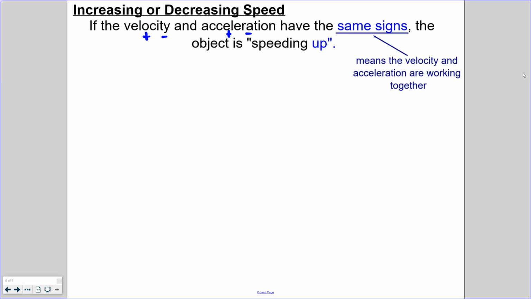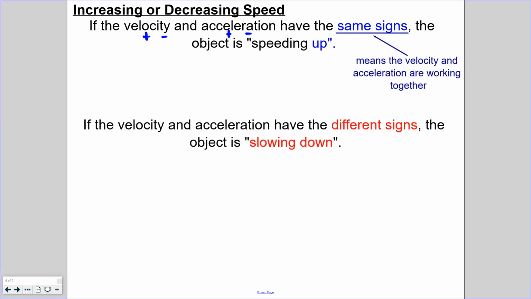So if they're working together, they're being very efficient, and they're being very fast. They're speeding up their work. So if the velocity and acceleration work together, have the same sign, that means they are speeding up. However, if the velocity and the acceleration have different signs, meaning one's positive and one's negative, or one's negative and one's positive, that means the object is slowing down.